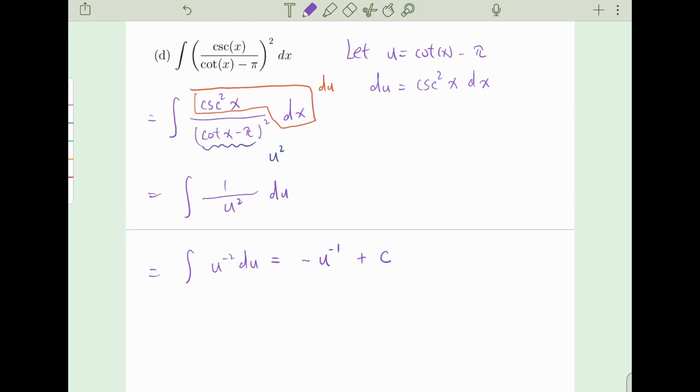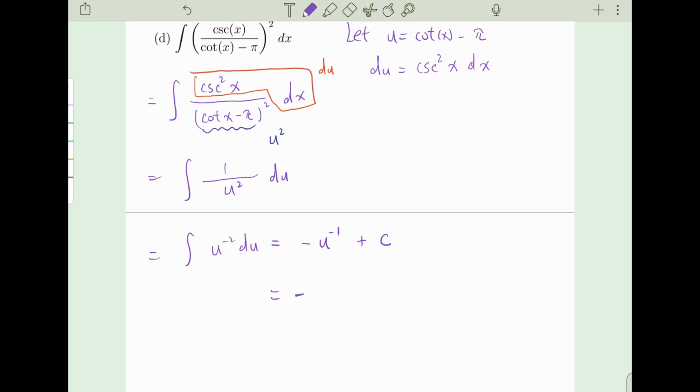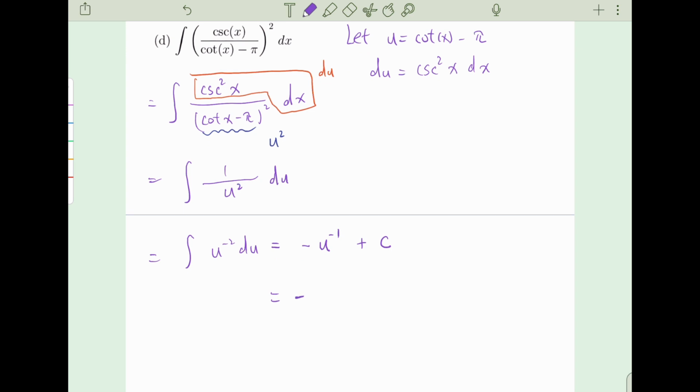And then I can replace u with this expression, so negative u to the negative 1 is negative 1 over u, so it's negative 1 over cotangent x minus pi, plus c.